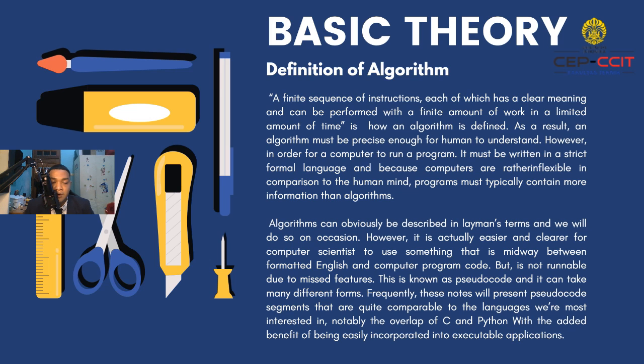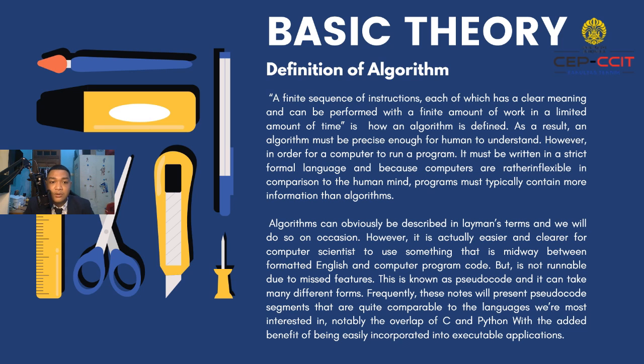Algorithms can obviously be described in layman's terms, and we will do so on occasion. However, it is actually easier and clearer for computer scientists to use something that is midway between formatted English and computer program code, but it is not runnable due to missing features.